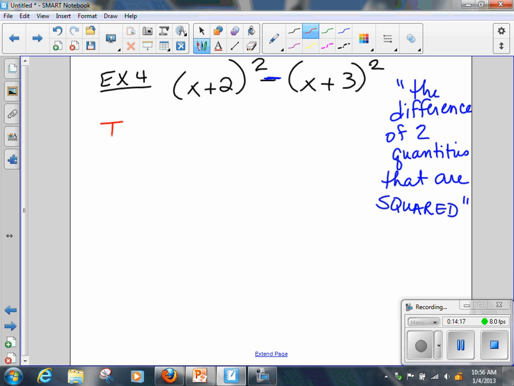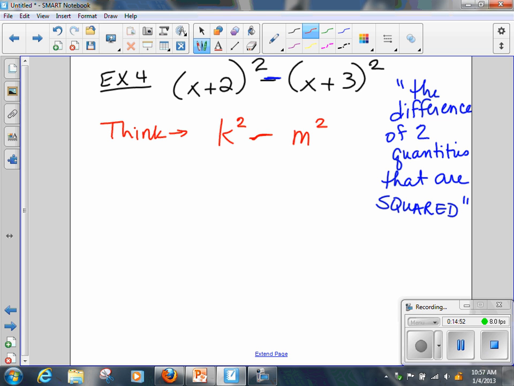Once you make a connection, check this out. What if this is just a think line? What if I were to change this quantity to just plain old x squared? Or let's change it to a k, so it won't confuse you with the x that's already up there. And then minus, let's change that to m squared.